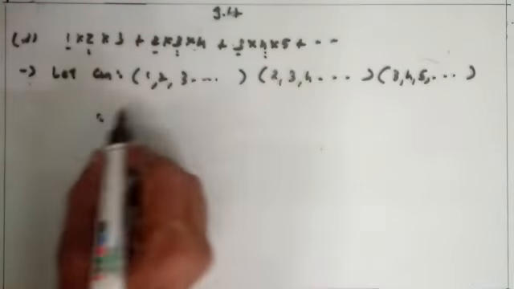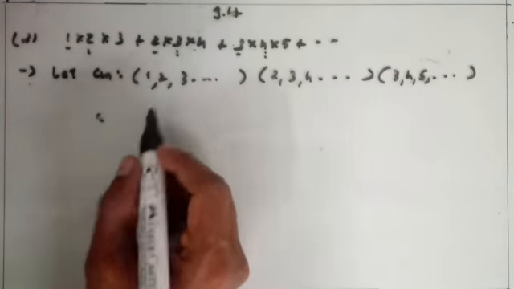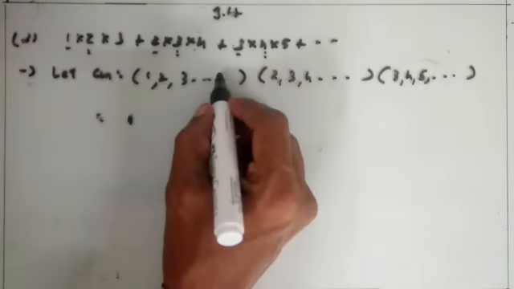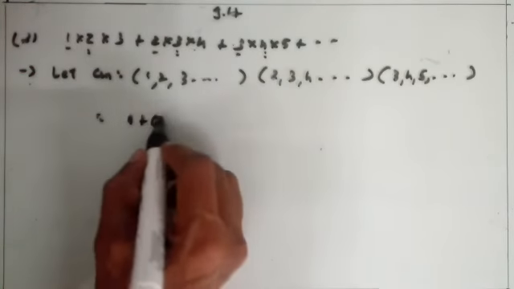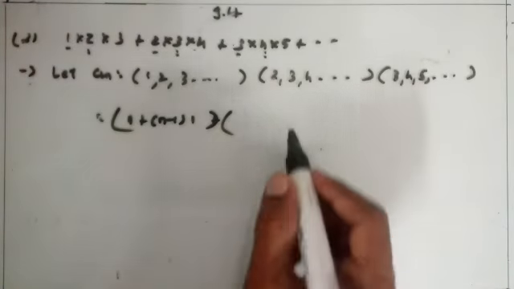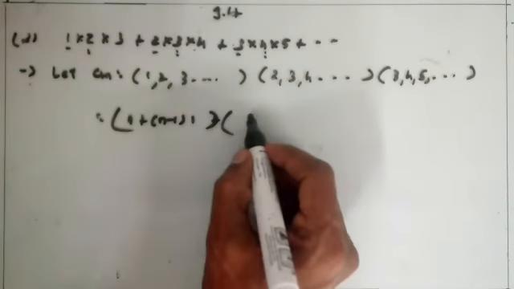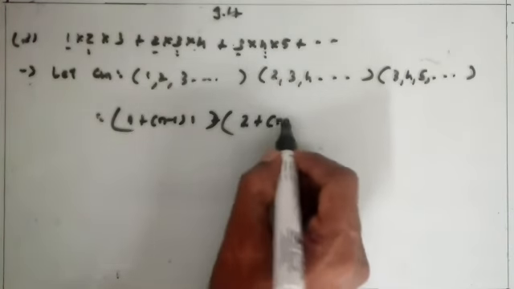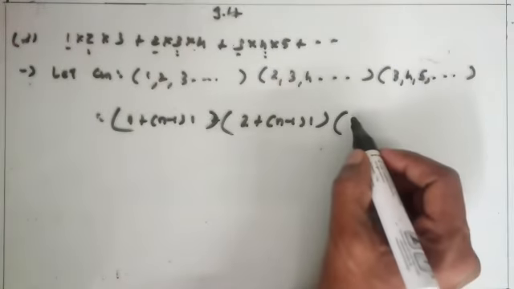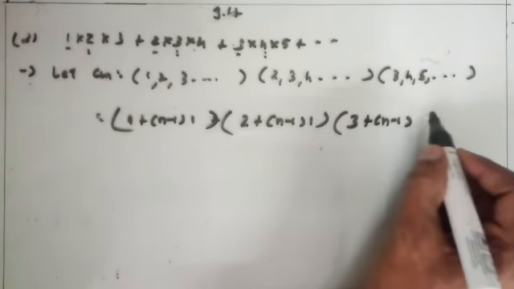Clear? So the nth term of this is equal to, we know that the nth term of the first bracket is a, 1 plus (n minus 1) into 1, into, here the nth term of the second bracket, first term a is 2, plus (n minus 1) into the common difference 1, into, in the third bracket first term a is 3 plus (n minus 1) into 1.